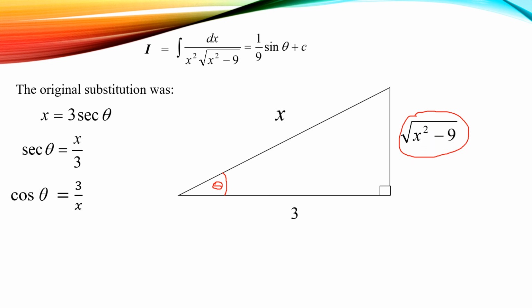So we end up with square root of x squared minus 9. And an excellent way to check that we are on the right track is if we produce the missing side in our right triangle, notice that we end up with a difference of squares, which is exactly the same as the difference of squares that we started with in the original question. So that's a good check.